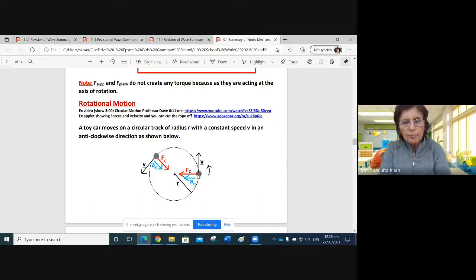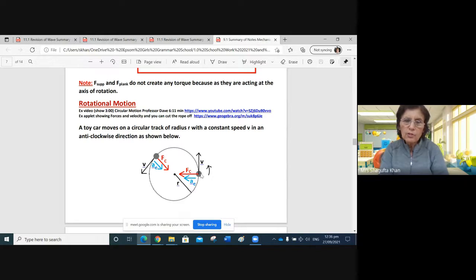So now, if a ball is moving at a constant speed, and this is the radius r, that means its direction is changing. It's always along the tangent. So at this point, it will be somewhere along here. Over here it is changing. So this is the constant speed. But because its direction is changing, that means velocity is changing.